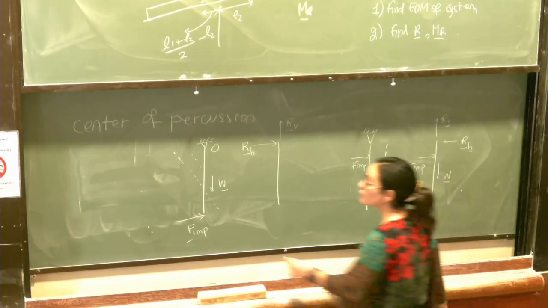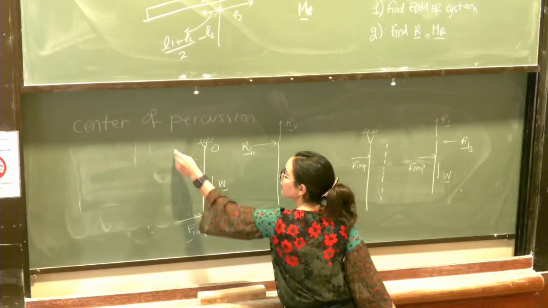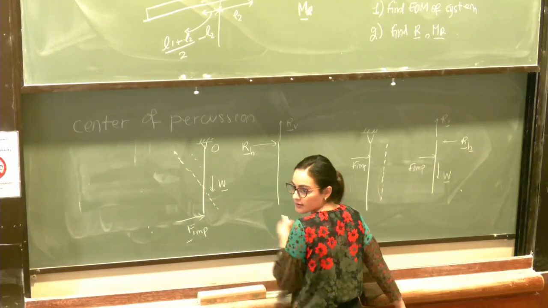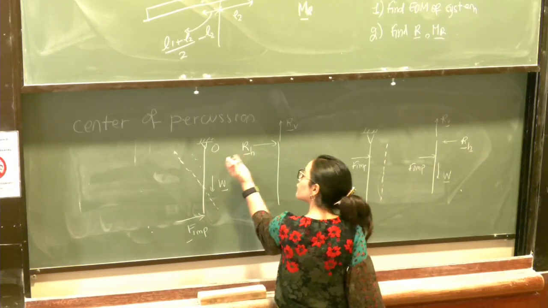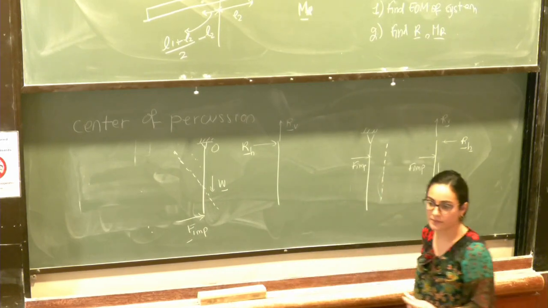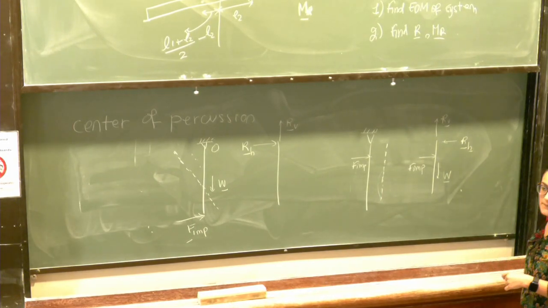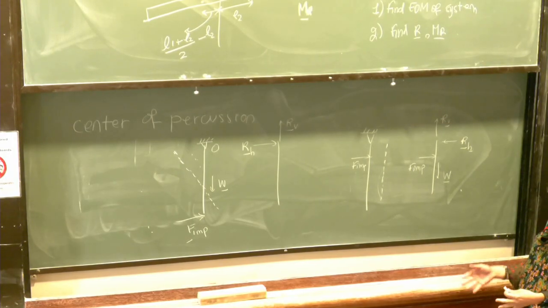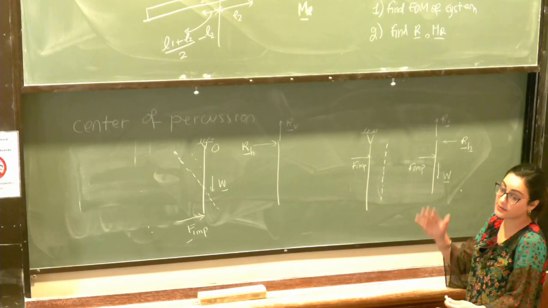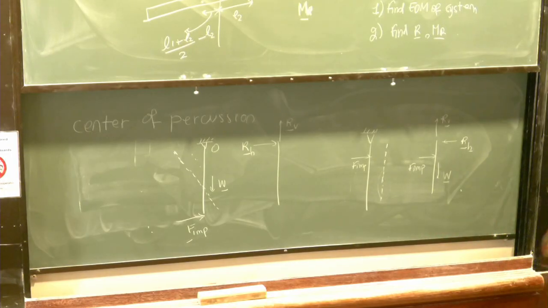Here, when you strike here, the bar is going to tend to displace like this, so you want the reaction force to counteract the displacement. The reaction force is what's enforcing the constraint that this point O is pinned, it's not allowed to move. Does that make sense?